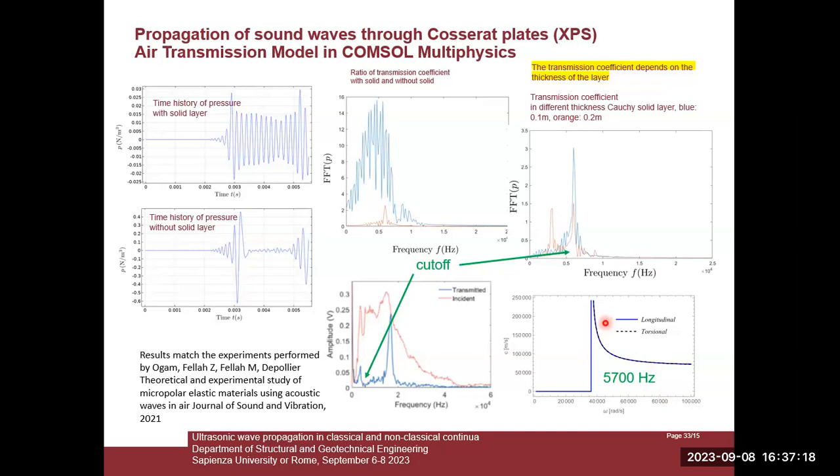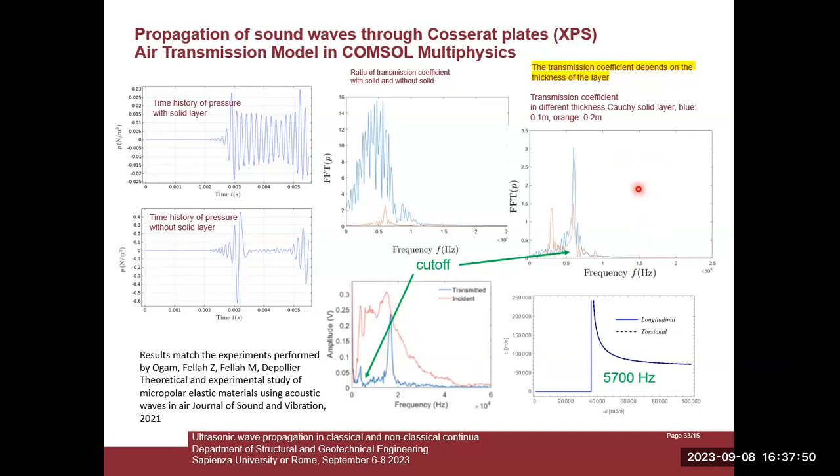In fact, if you do a model of a Coursera solid with some properties that they do have, some mechanical constants that they do have in this laboratory that we were given, you find a cutoff frequency of around 6,000 hertz, which is more or less here. Now, probably it's a bit higher, but it's something that is meaningful.